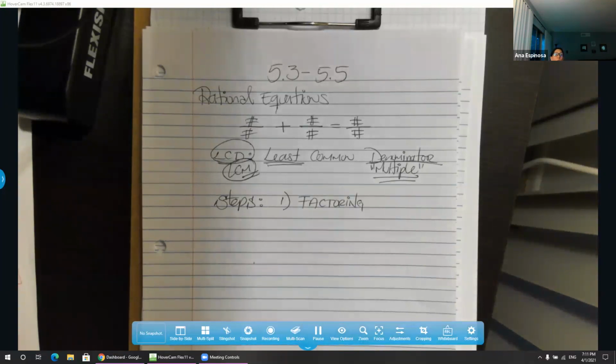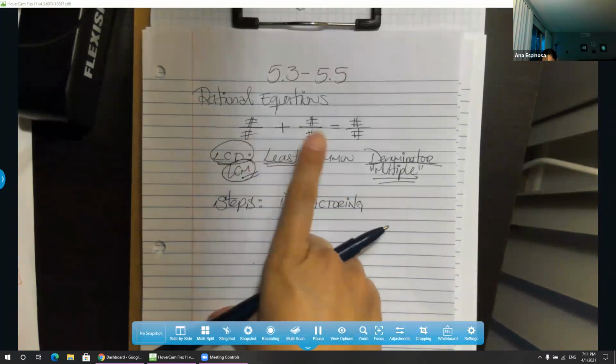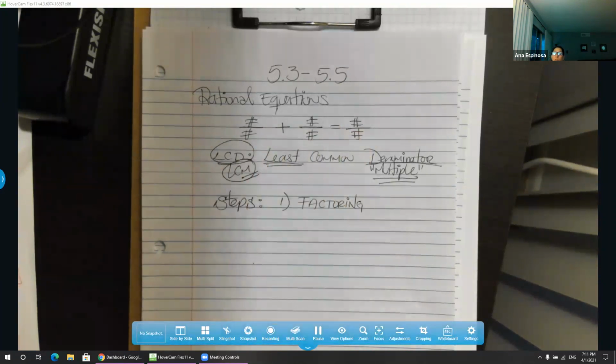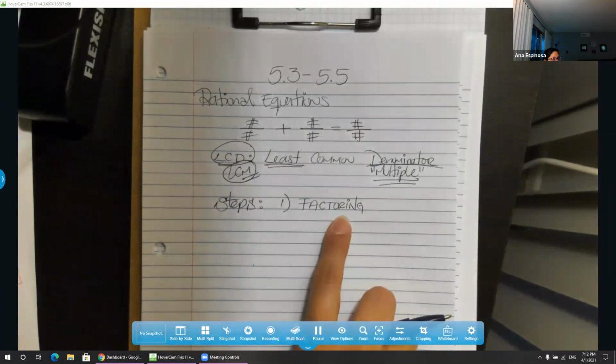You are not going to be able to use the quadratic formula, because the quadratic formula is for solving when you have a quadratic equation equal to 0. These are now denominators, okay? You're not into the solving yet. You have to factor first. So in order to factor, you have to know how to factor, of course.